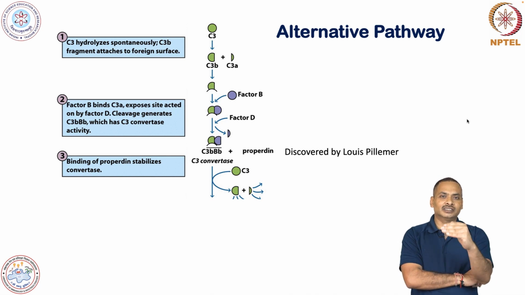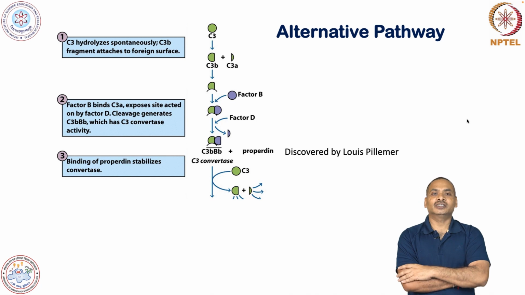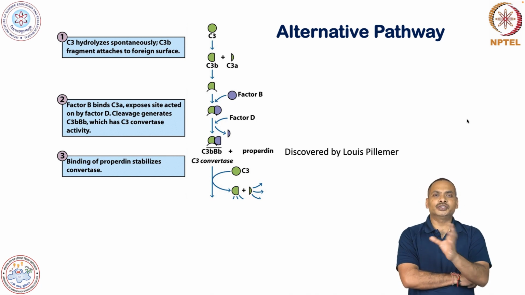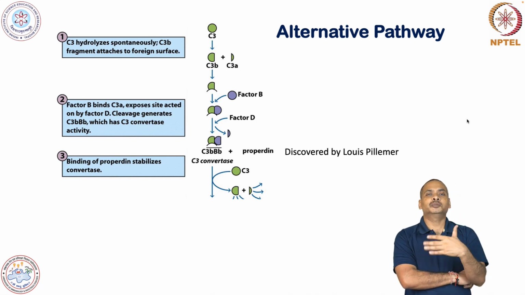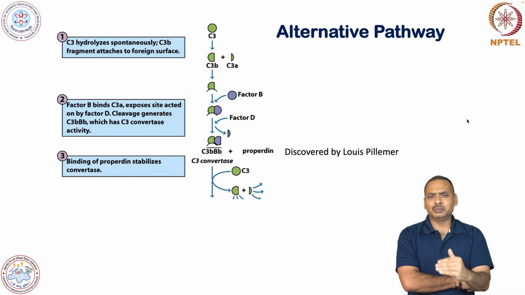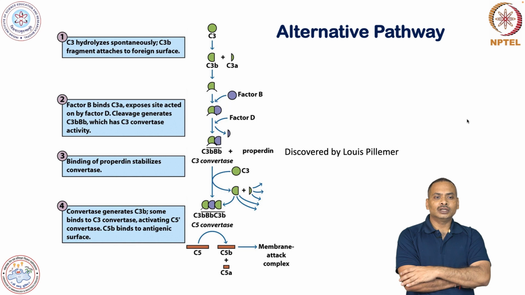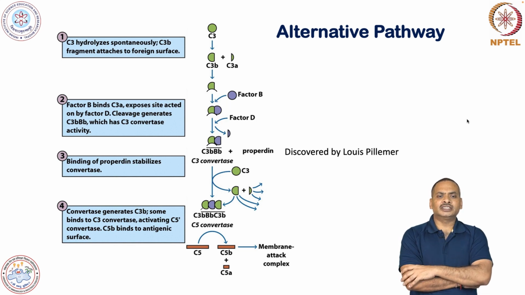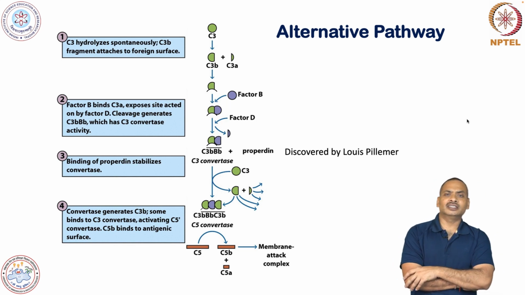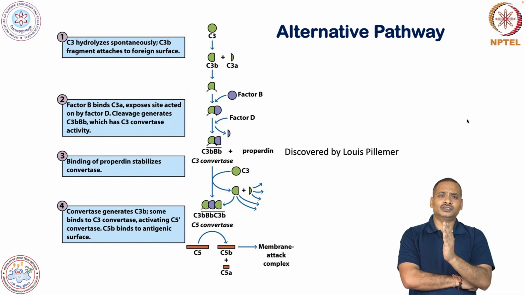So initially when he discovered properdin, it was not accepted by the scientific community. But later on, after a few years, he again repeated the experiment, and then he established that this properdin plays a very important role in the alternative pathway. Okay. So once this C3 convertase is generated, of course there will be a lot of generation of C3b, and there are two fates of C3b.